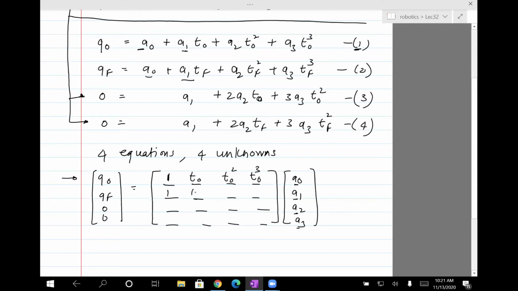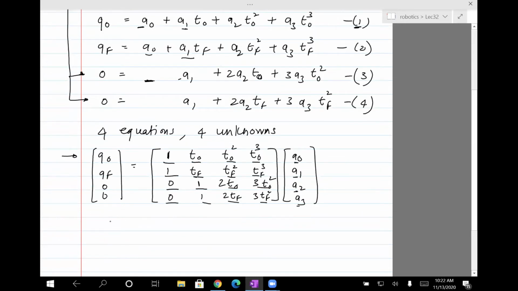So it's 1, tf, tf square, tf cube. Now we have the third equation where you can see there is no a0. If there's no a0, that means the coefficient which multiplies with a0 is going to be 0. Then we have the coefficient of a1, which is 1, 2 t0, and 3 t0 square. And then the same thing happens for the fourth equation: 2 tf, 3 tf square.